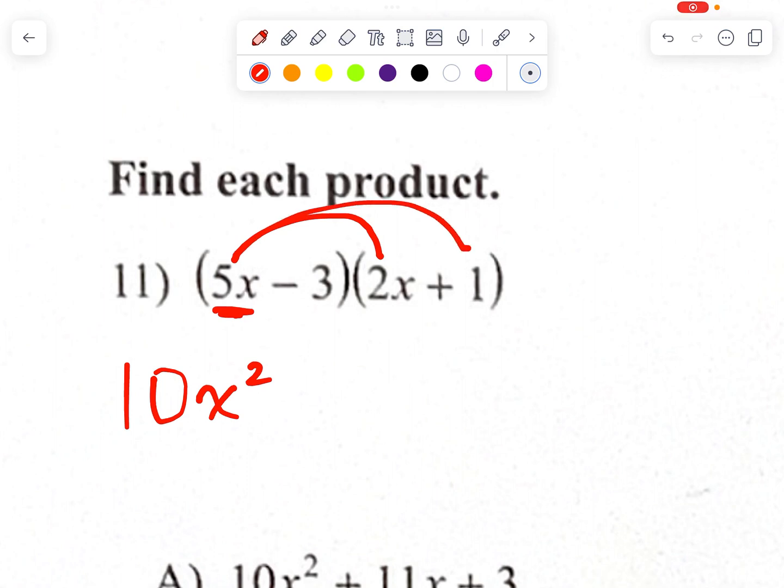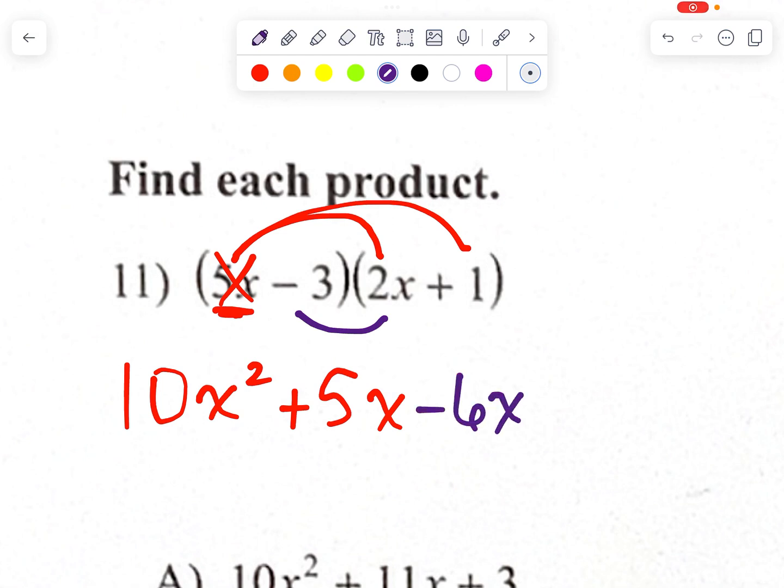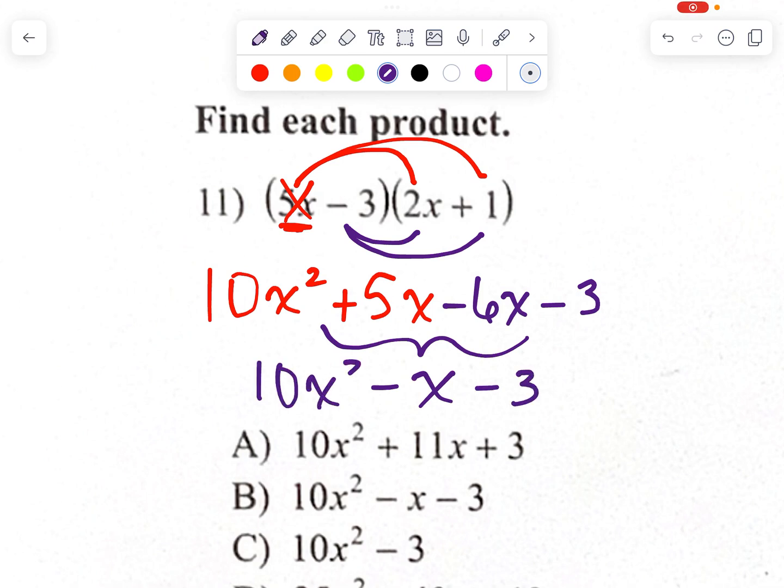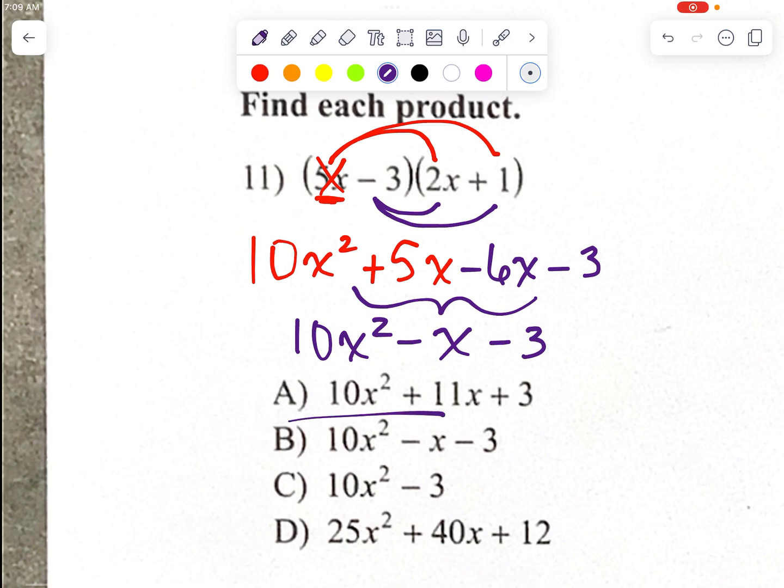Multiply 5x times 1, it's +5x. Now we're done with the 5x. Now we can multiply the -3 over. -3 times 2x is -6x. Multiply the -3 again times 1, which is -3. We're going to combine like terms in the middle. That gives us -x. Bring down what you have left, and you can see our answer is B.